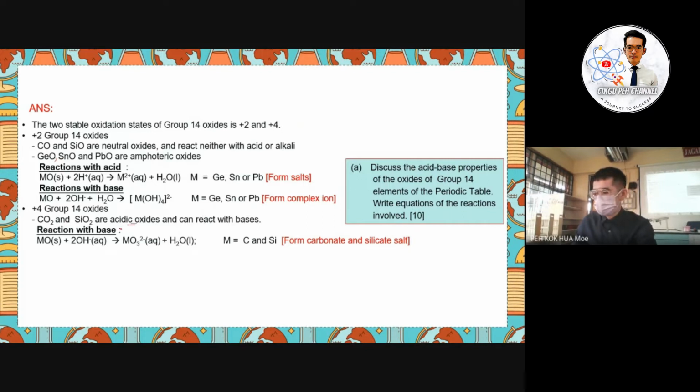This is the equation, where carbon dioxide forms carbonate and silicon dioxide forms the silicate salt. Here I need to give another 2, here will be 2 NO2, because we are discussing the dioxide group.